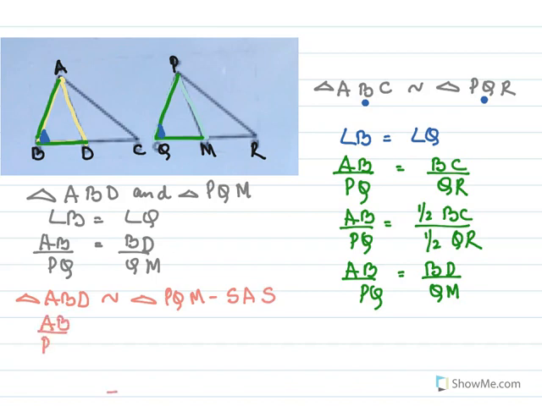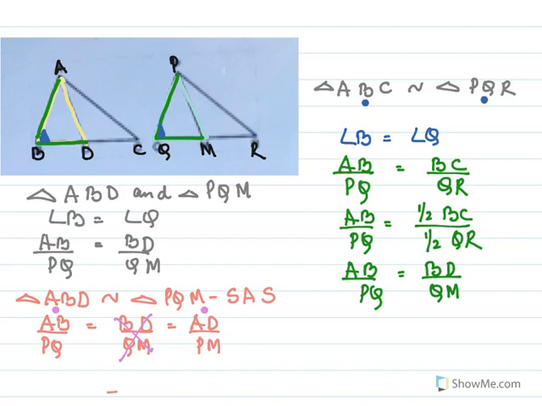And if that's the case, I can say AB over PQ equal to BD over QM equal to AD over PM. They want to show AB over PQ equal to AD over PM, so they need these ratios.